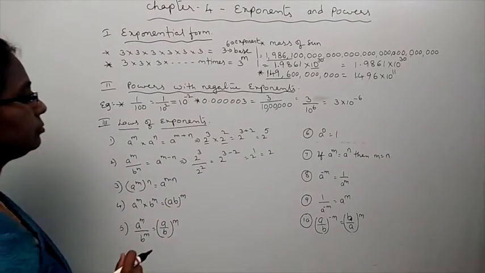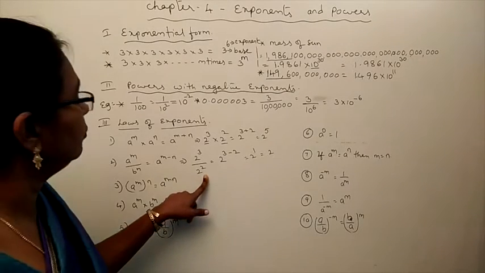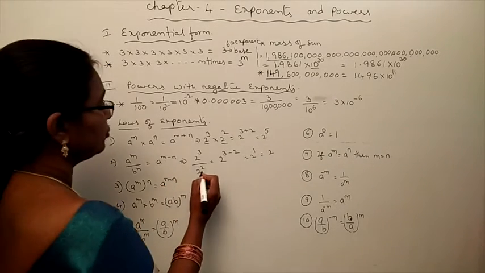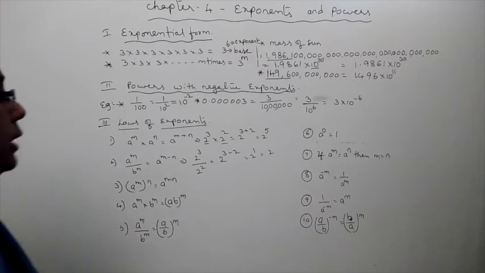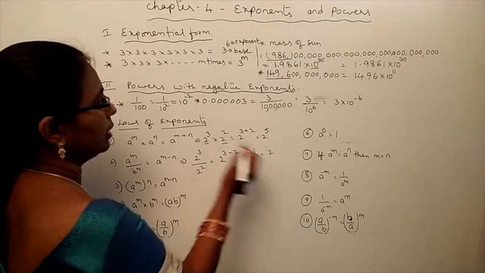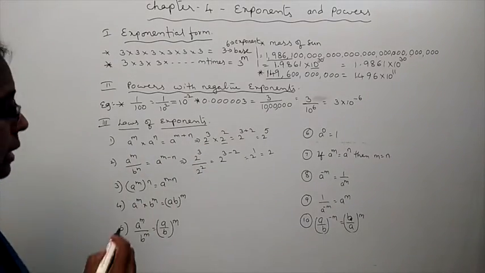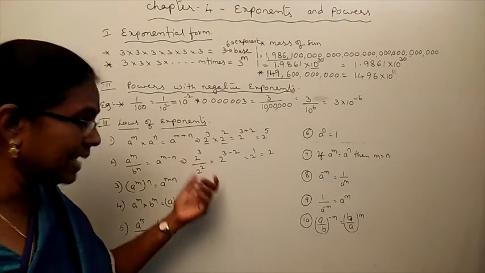Because the denominator power changes to the numerator, the power becomes negative. Then 3 minus 2 is equal to 1. Otherwise, if 2 is repeated 3 times here and 2 times there, when you cancel, you get only 1 time.